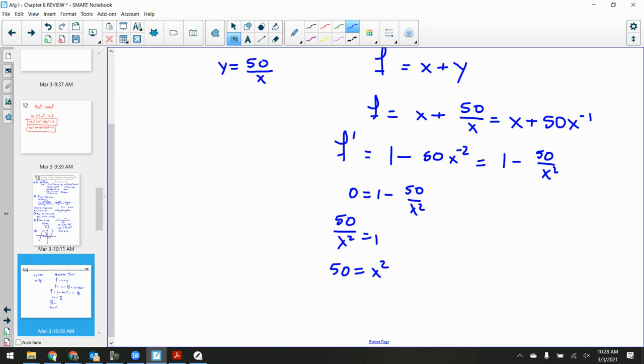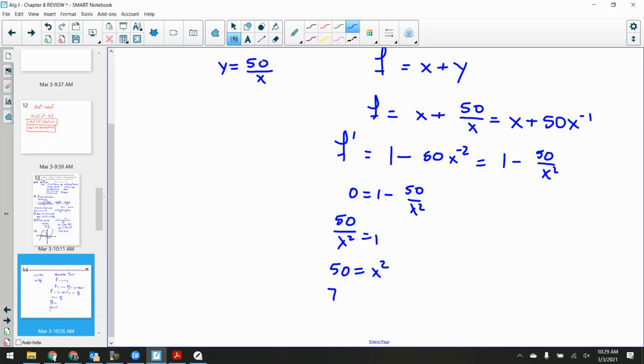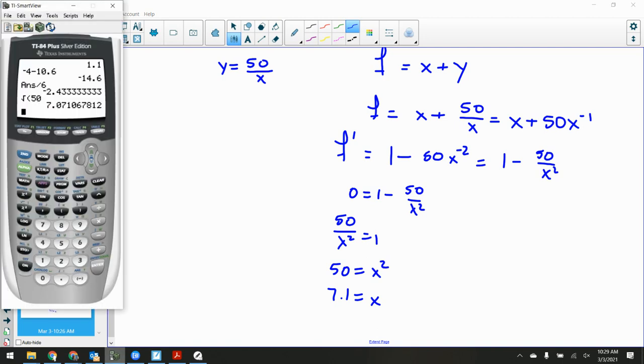I square root 50, turns out to be 7.07. Did I say round to something? 10? So 7.1. And so that means 50 over 7.1.